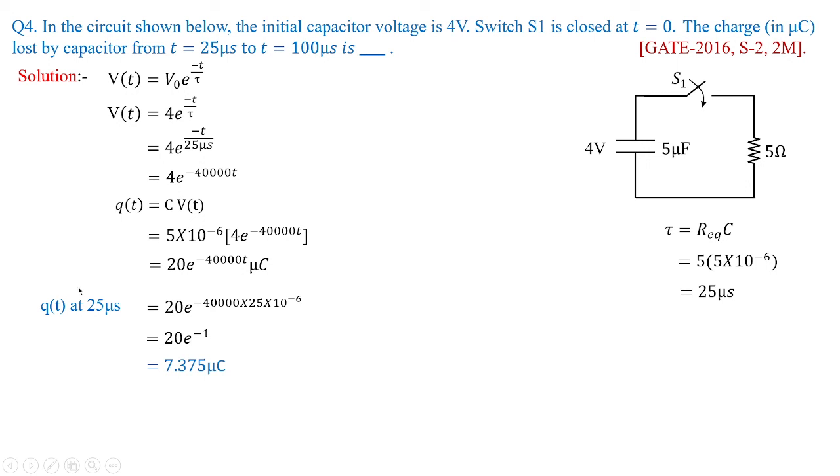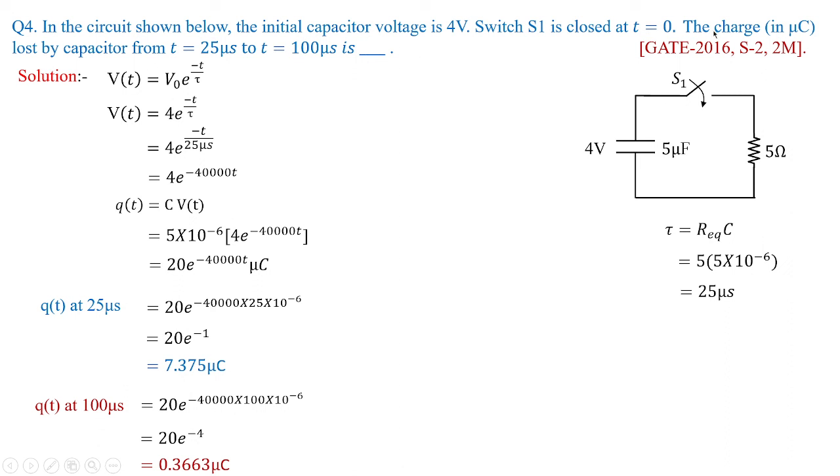Right? Now the same value at 100 microseconds would be equivalent to 20 e to the power of minus 40k into 100 into 10 to the power of minus 6, which becomes 0.366 microcoulombs.